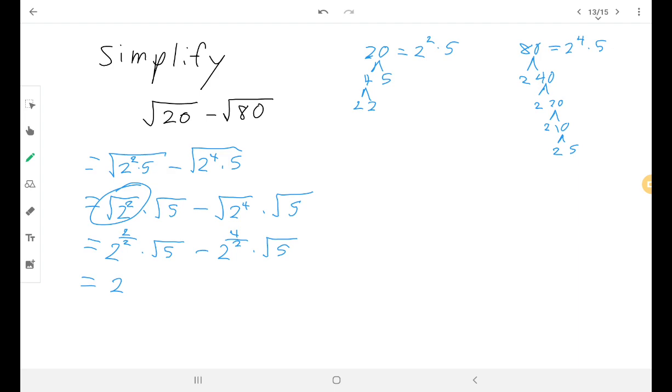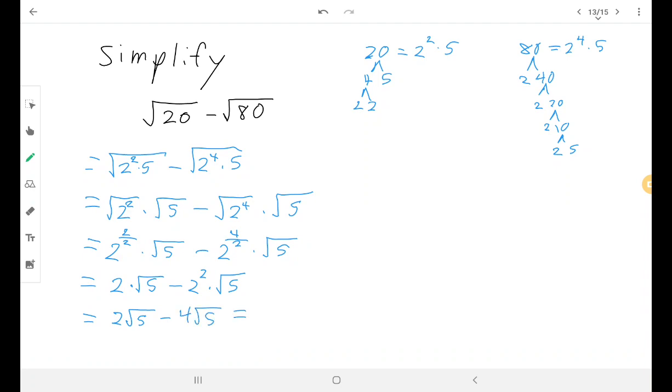The squared cancels the square root, or 2 divided by 2 is 1, times square root of 5, minus, now, 4 divided by 2 is 2, so this is 2 squared, times square root of 5. So that's 2 times square root of 5 minus 4 times square root of 5.